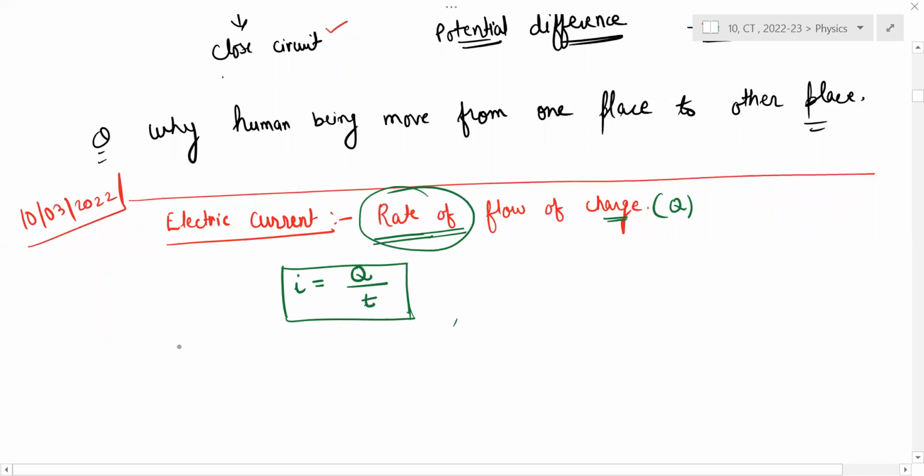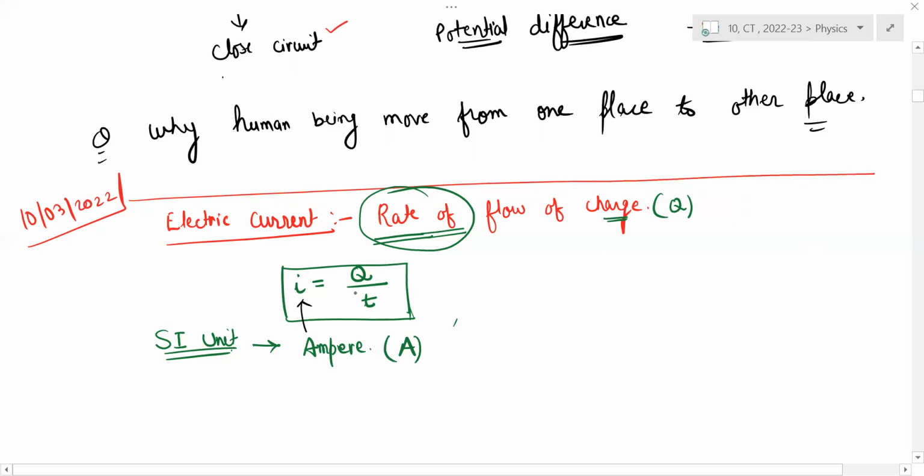Now a few things we will understand better. SI unit. The SI unit of current is what? Ampere, sir. Ampere, denoted by capital A, for electric current.